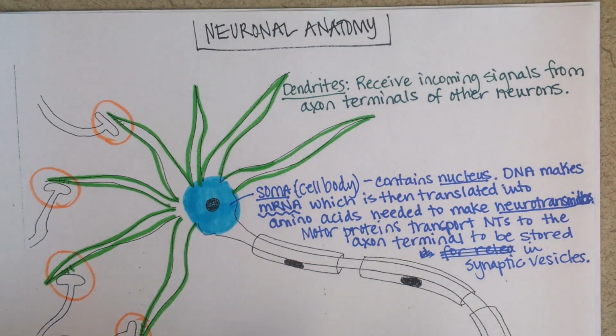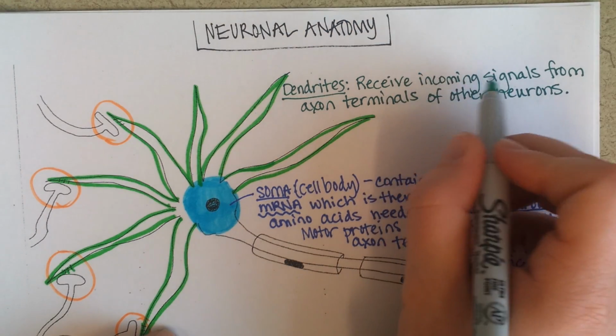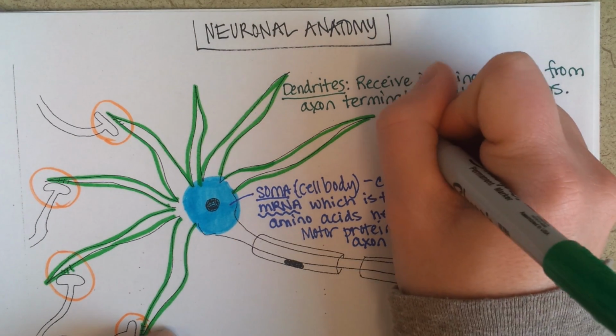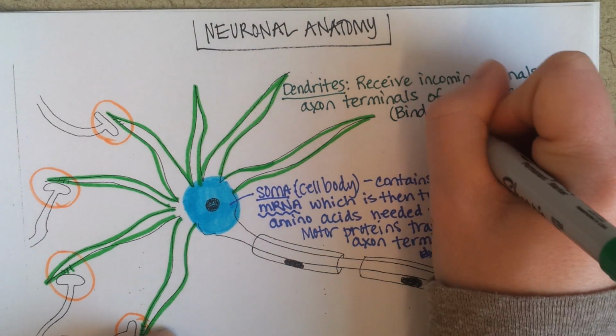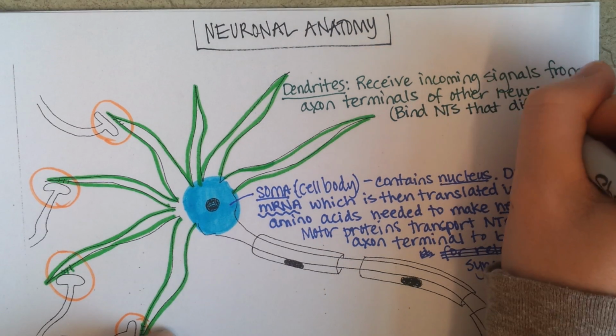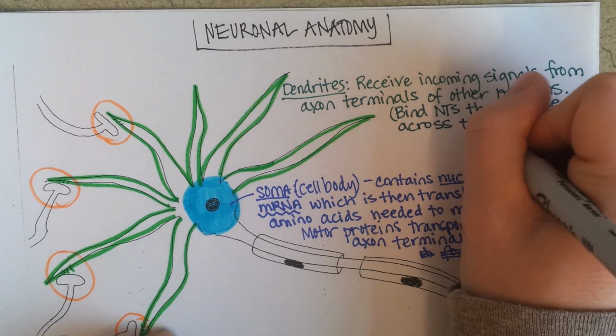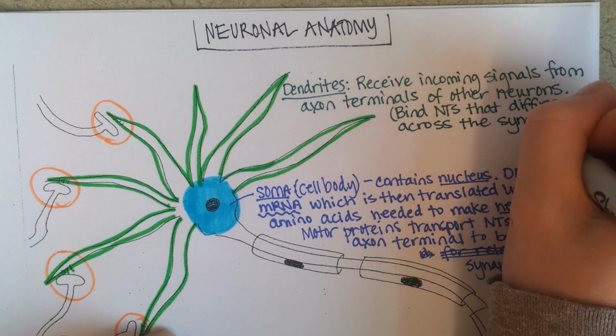So you can understand that thousands and thousands of neurons can be all communicating to each other. And what that means, receive the incoming signals, means bind neurotransmitters that diffuse across the synaptic cleft.